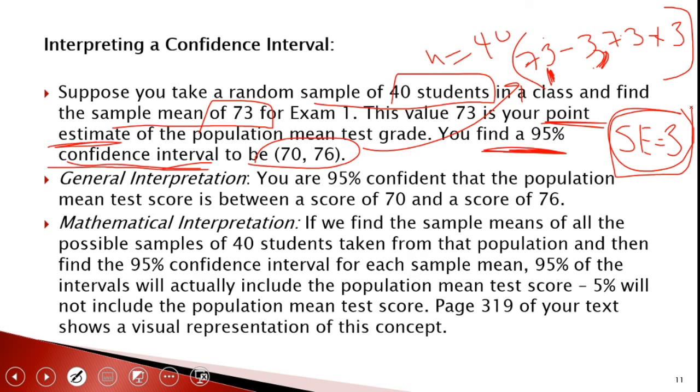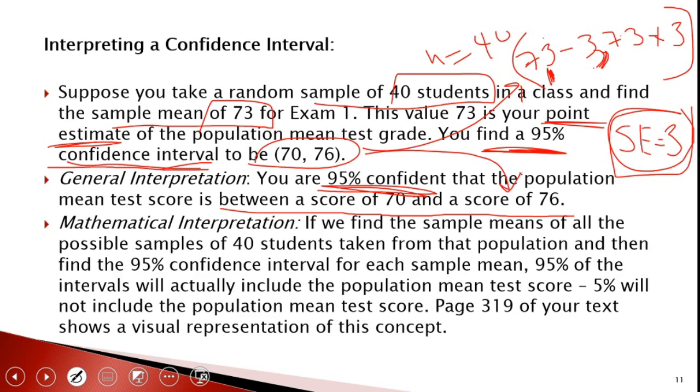So how do we interpret them in general? You are 95% confident, and why 95? Because that's the confidence interval, that the population mean test score is between 70 and 76, these two values.